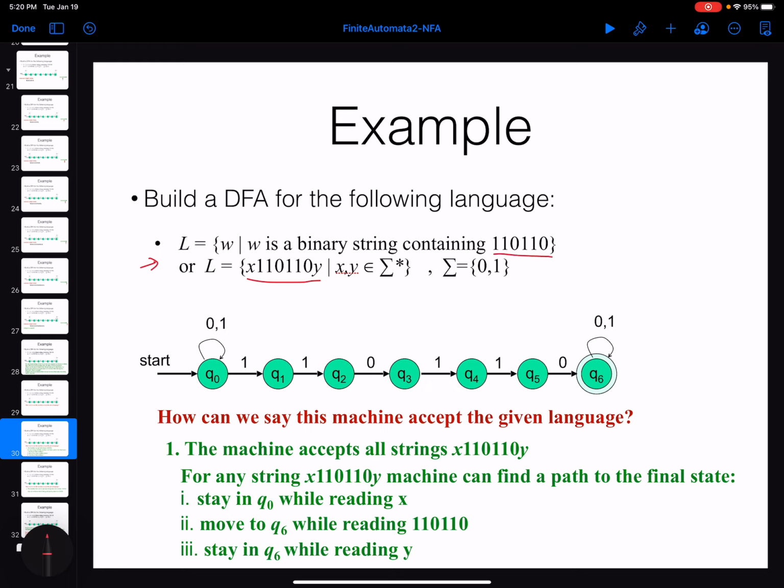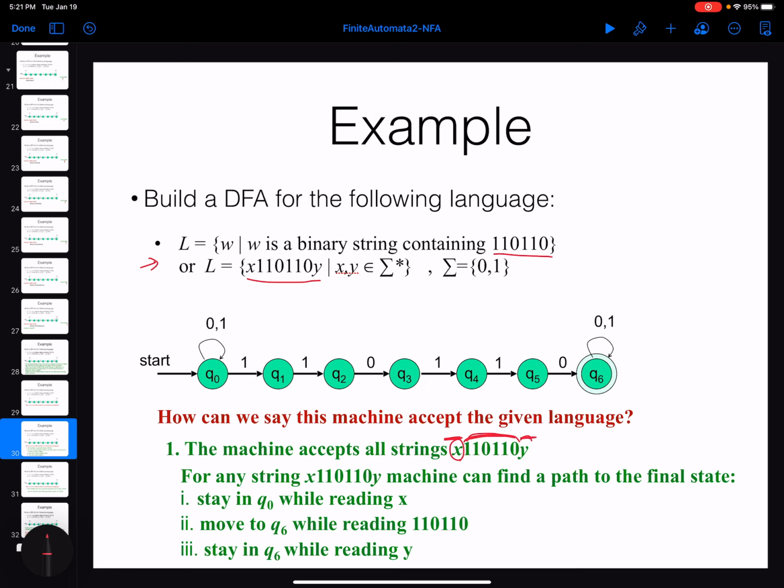All the binary strings which have the pattern 110110: if the pattern is in the string, it means that you can divide the string into three parts. There is x, the prefix before where the pattern happened, then the pattern itself, and the suffix y after the pattern.